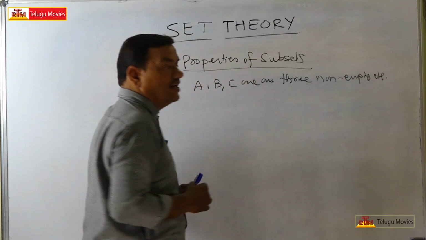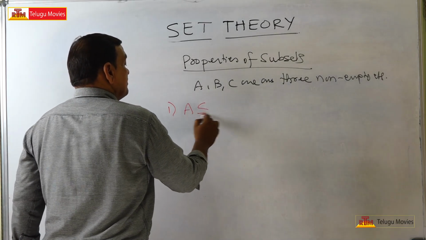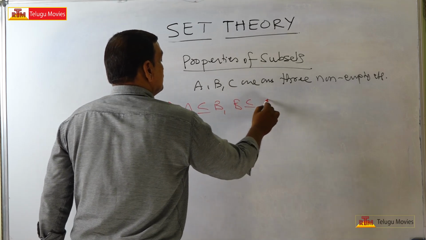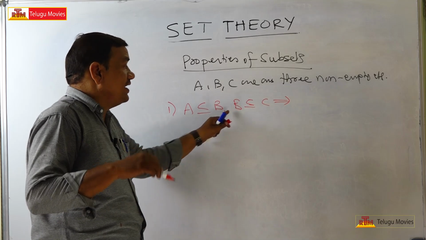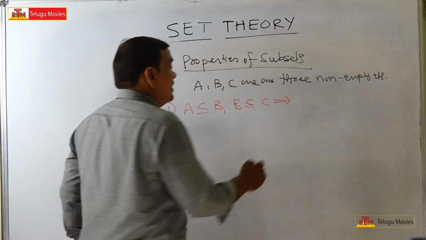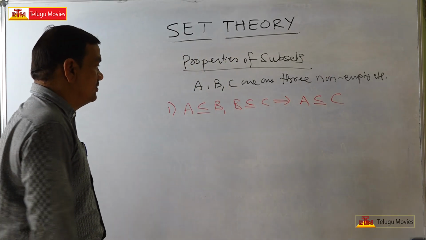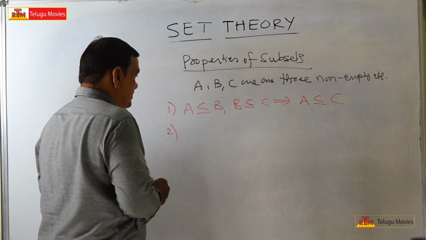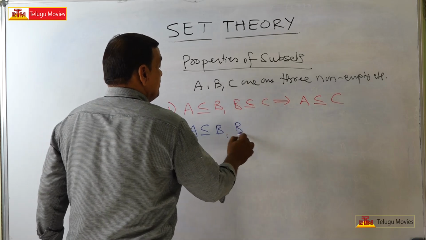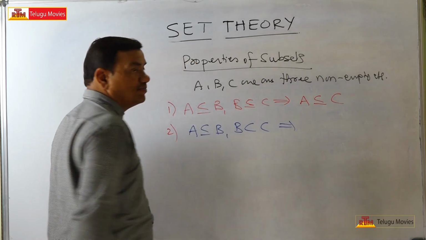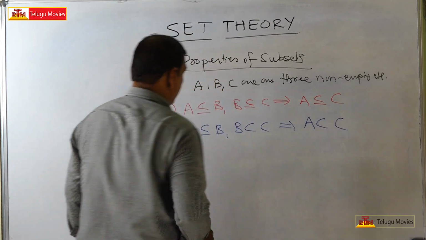The first one: if A is a subset of or equal to B and B is a subset of or equal to C, then A is a subset of or equal to C. Second property: if A is a subset of or equal to B, and B is a subset of C, then A is a subset of C.